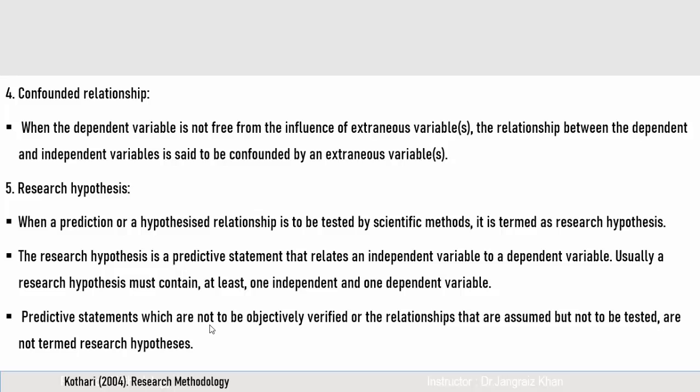Research hypothesis. We know that hypothesis means a suggested solution. A suggested solution can be right or it can be proved wrong. When a prediction or hypothesized relationship is to be tested by a scientific method, it is called a research hypothesis. The research hypothesis is a predictive statement that relates an independent variable to a dependent variable.